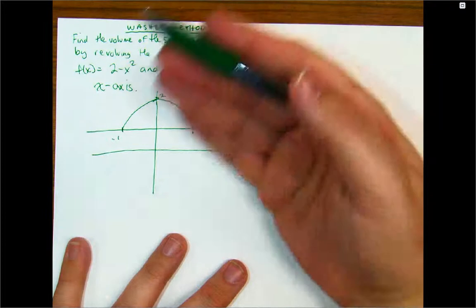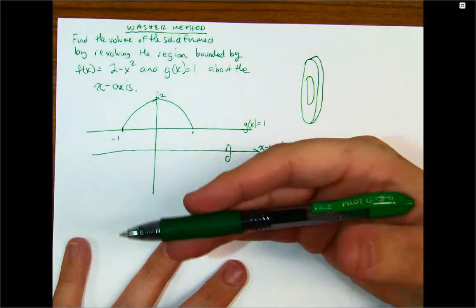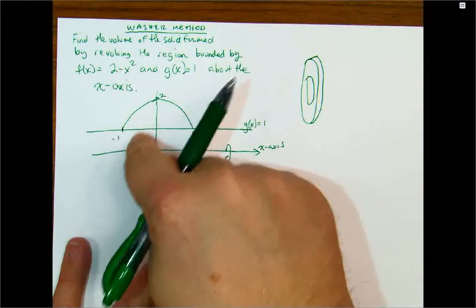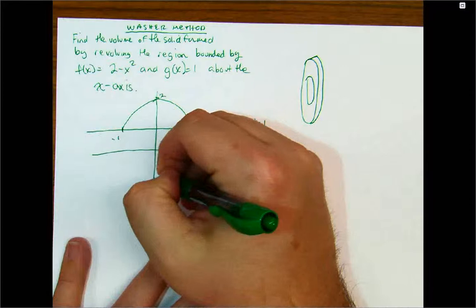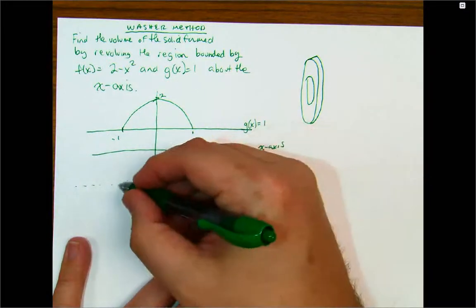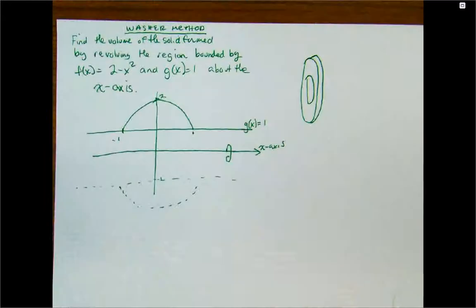So we're creating something that has a hole right in the center of it. So this area right here, and even if we went down to negative 1, and if you drew that line and mirrored this, it would rotate around this.